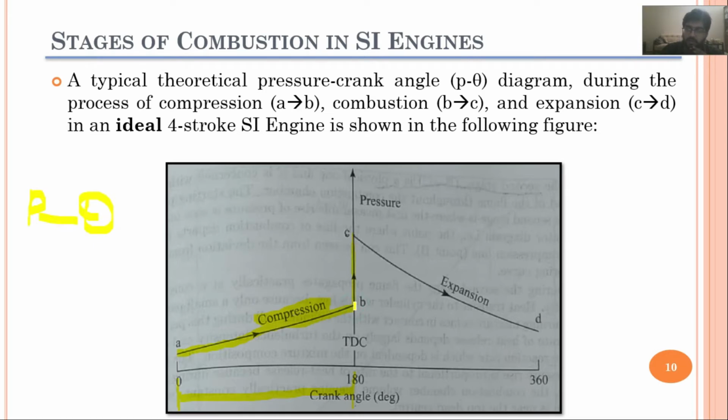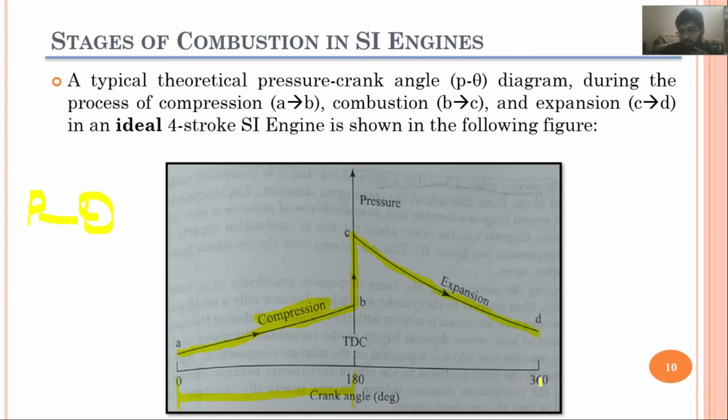Combustion has started at point B and it will propagate rapidly throughout the combustion chamber, because we are talking about SI engines, and in SI engines we have a homogeneous mixture and combustion will propagate rapidly throughout the combustion chamber. Then after the completion of combustion, the expansion stroke, or you can say the power stroke, will start, and the pressure inside the combustion chamber will start decreasing again.